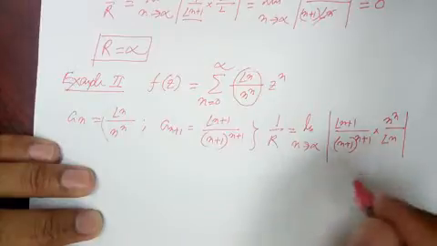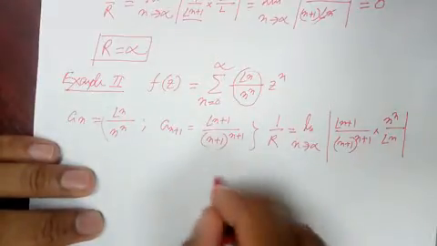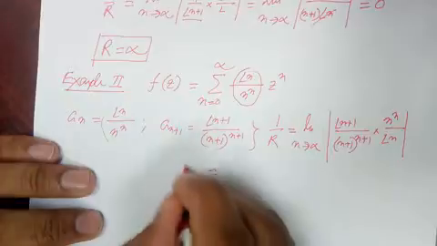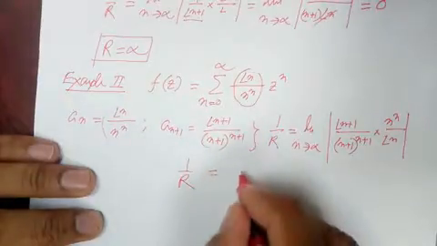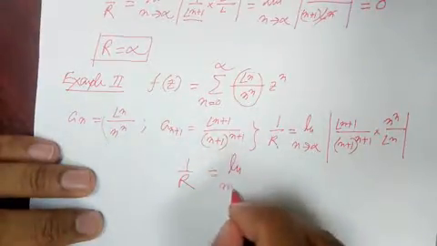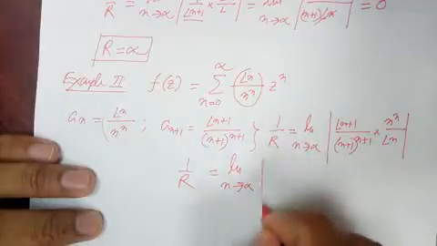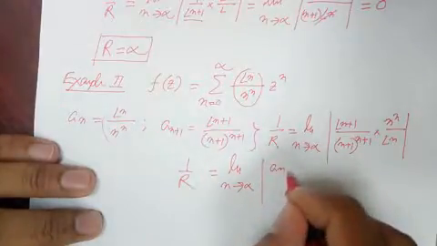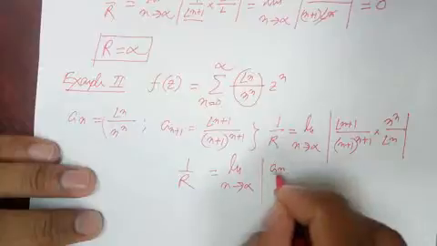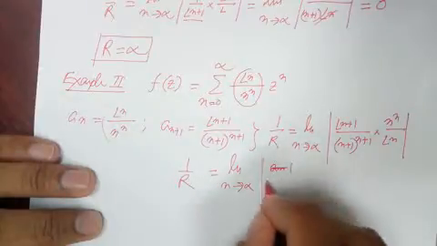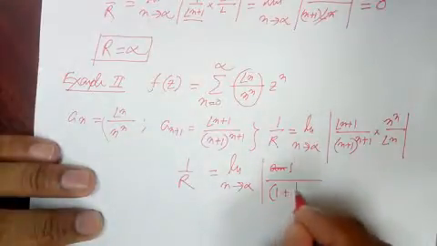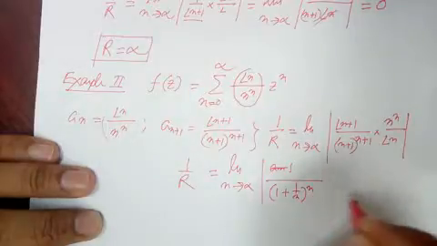If we do some mathematical operations, we can write 1 over R equals the limit as n tends to infinity of 1 over (1 plus 1 over n) to the power n.